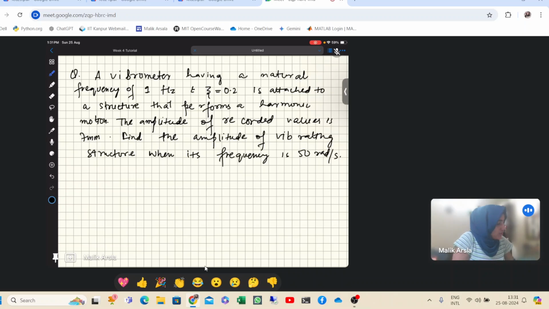So basically omega has been given, omega n has been given and zeta has been given, so all we have to find is Y. So here omega n, the natural frequency, is 1 hertz, which is equal to 2 pi. Then omega is equal to 50 radians per second, and the amplitude of recorded values, that is Z, is equal to 7 mm.